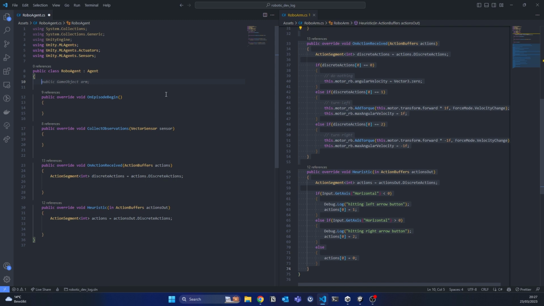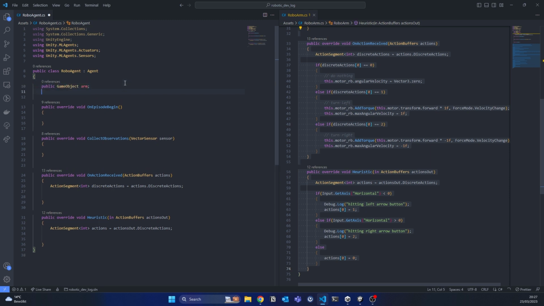But I haven't decided yet if we are going to have two different lists of two different types of parts, or just one list that we can fill at random with the robot parts. So maybe I'm just going to take the second option for now, or actually let's hard code one arm, right?